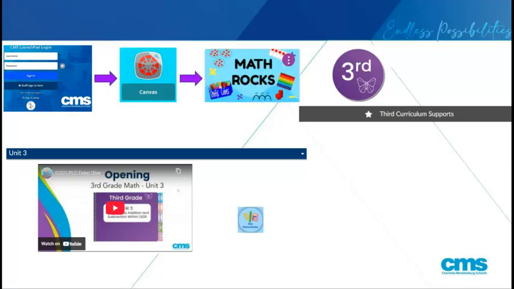It's the same pathway as 4th grade, except you will click the 3rd grade button along the way.